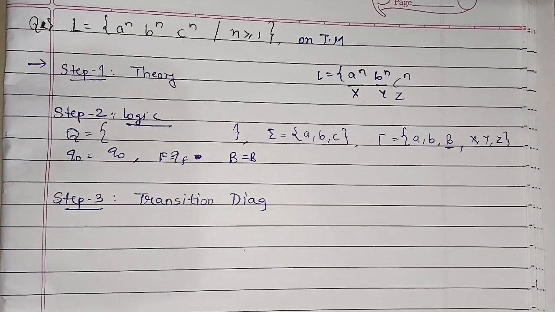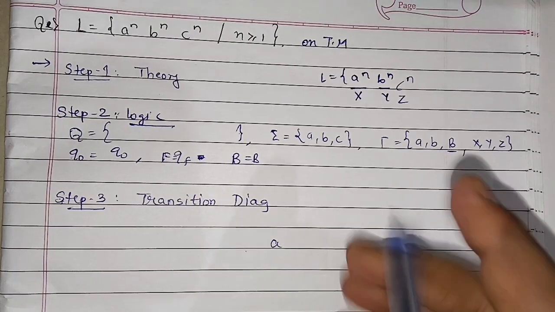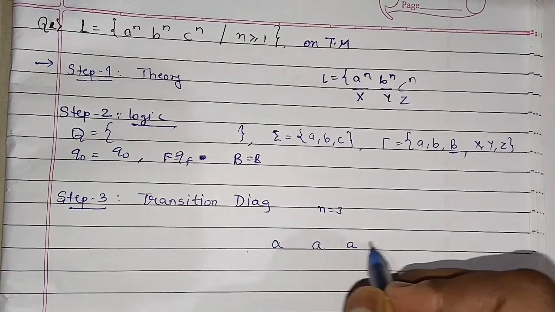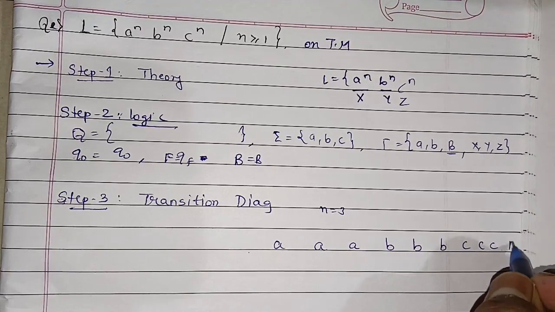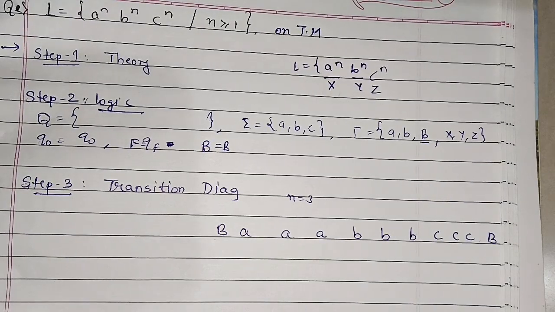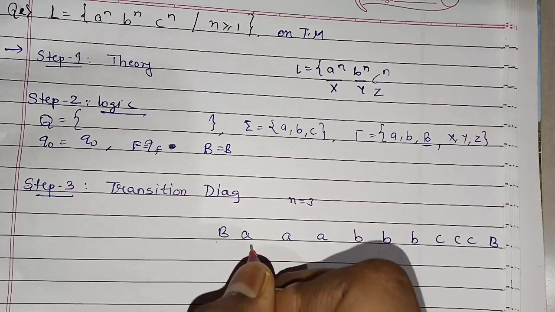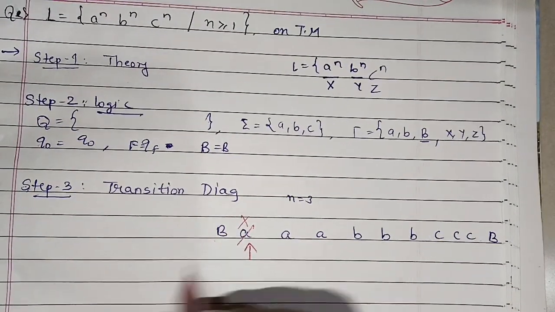Now see, I am taking an example. I am considering n equals 3: a a a b b b c c c, then capital B and capital B. My head will be pointing here. I will make this a as x.